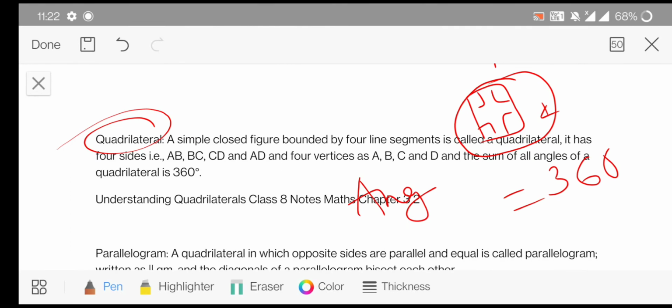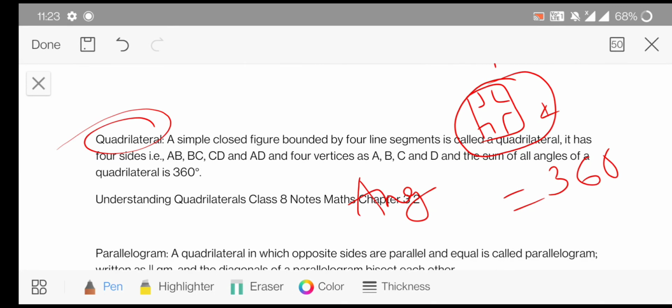The angle sum property of quadrilateral, triangle, then pentagon, everything is very important, because in the upcoming exercises we will use the angle sum property to solve the sums. So you must know, if there are three interior angles, then what is the addition of all the three angles? If there are four angles, then what is the addition of all the four angles?